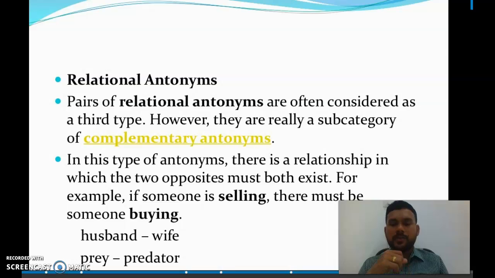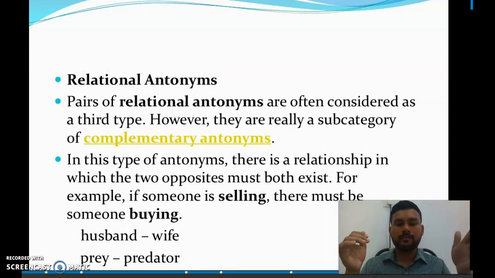What happens in this type of antonym is it gives a relationship in which two opposites must both exist. For example, sell, buy, handsome, beautiful, husband, wife, pretty, ugly. So whenever a word is given, automatically an opposite word comes to your mind because we try to relate it.